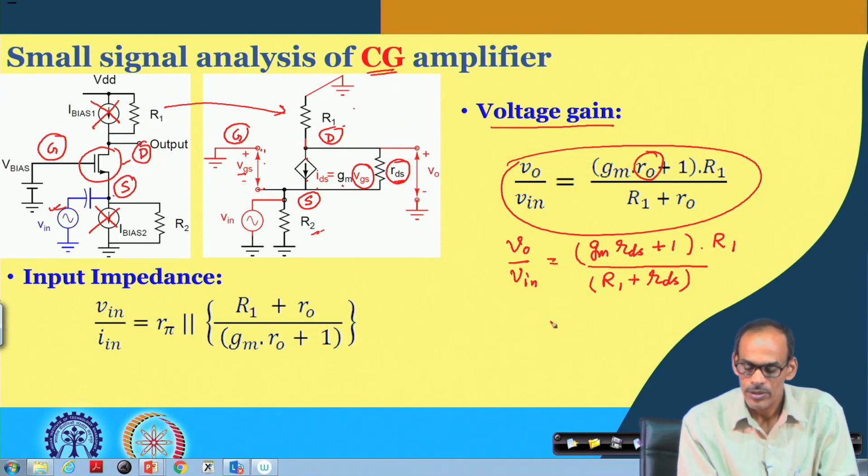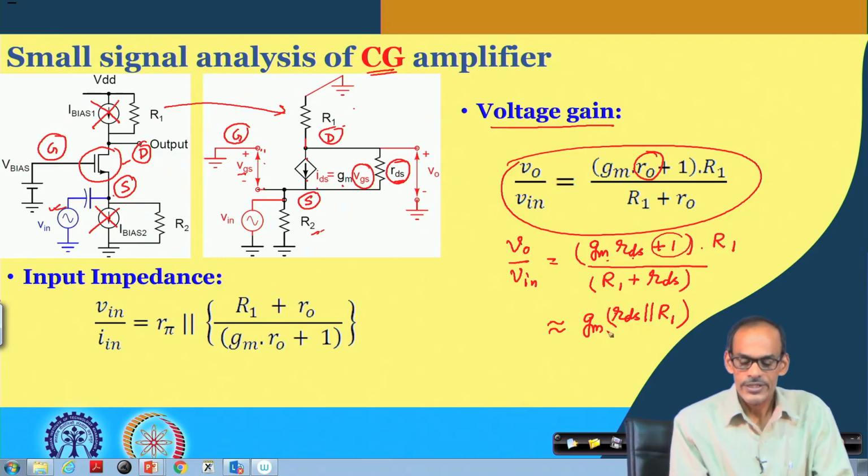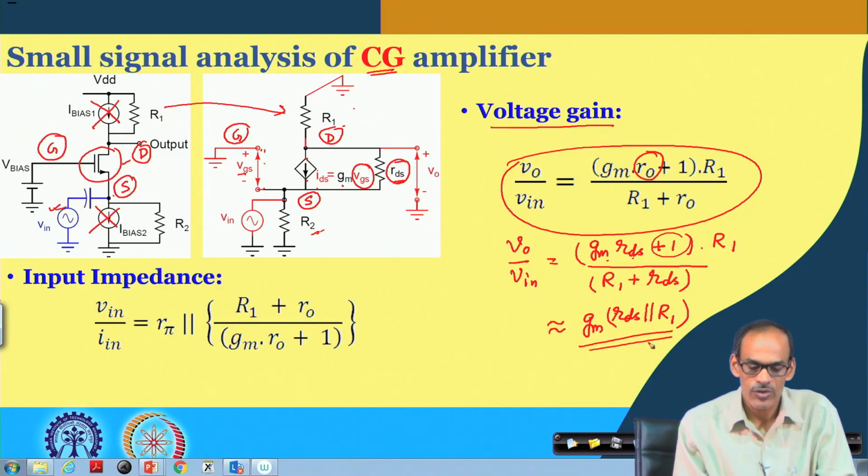Again, this can be well approximated by ignoring this one part with respect to Gm into Vgs, and it can be written as Gm into Rds in parallel with R1. This has a similar gain to the common source amplifier, where the expression of the gain was Gm into Rds into Rd, but of course with a minus sign. Here we do not have any minus sign, rather input and output are in the same phase.